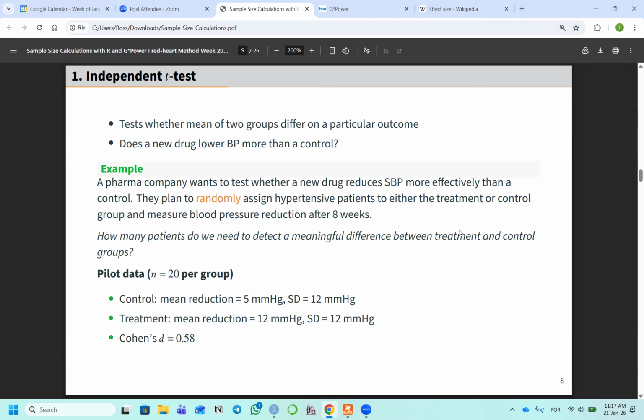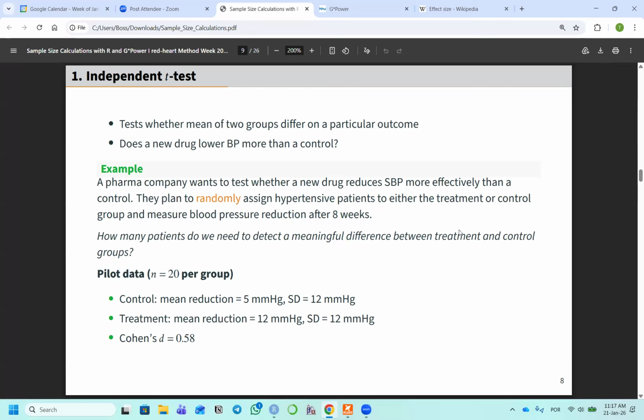To explain using my example, a pharma company wants to test whether a new drug reduces blood pressure compared to the existing one or a placebo. They plan to randomly assign hypertensive patients to either the treatment or the control group. I highlighted randomly because it is a very important concept in statistics.